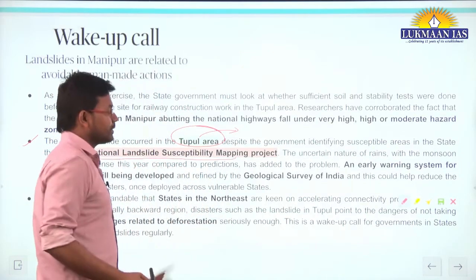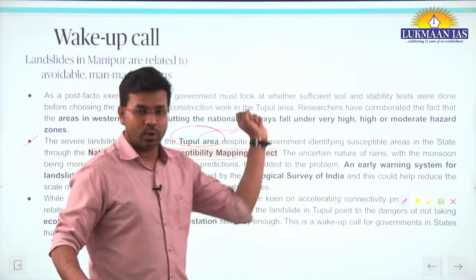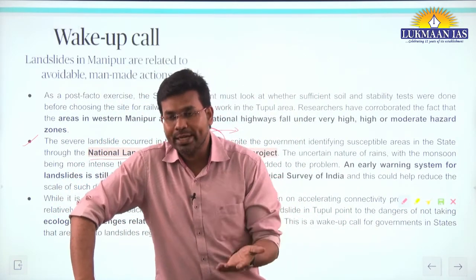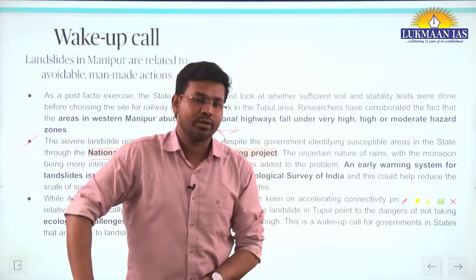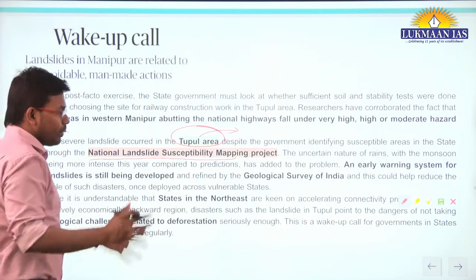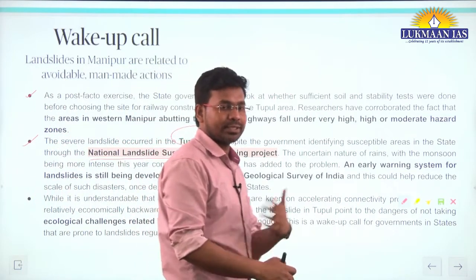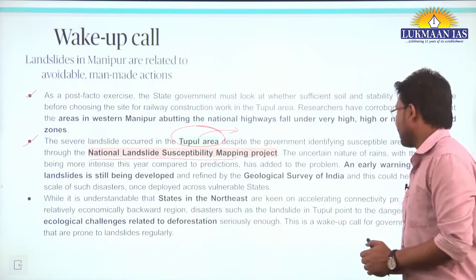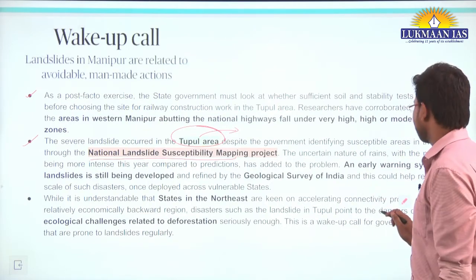The government has already gone through this mapping project, but while doing development they have ignored this particular mapping project report. So we need to understand the importance of such assessments and reports, and only then should we go for any kind of development in areas like that.